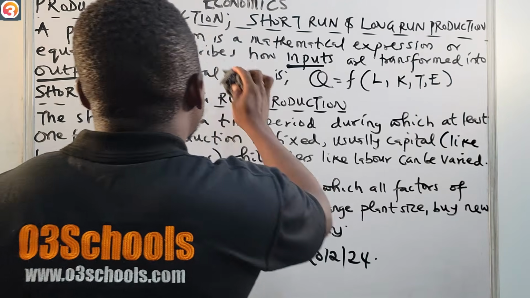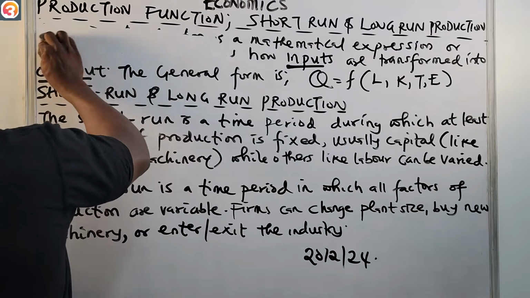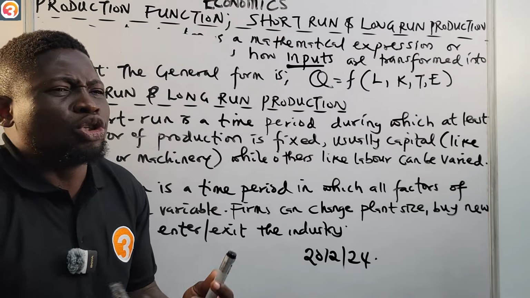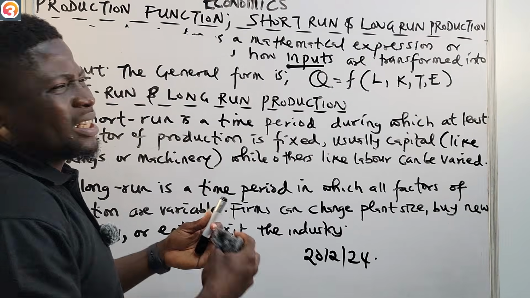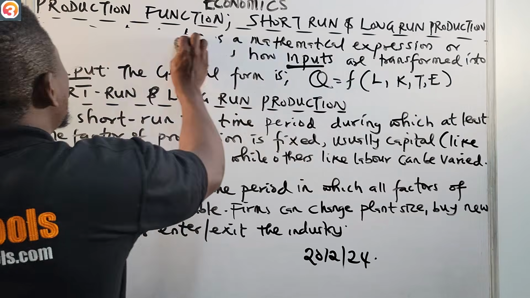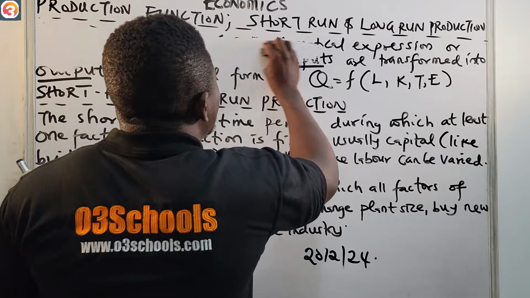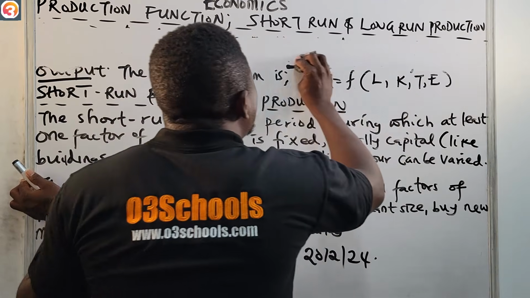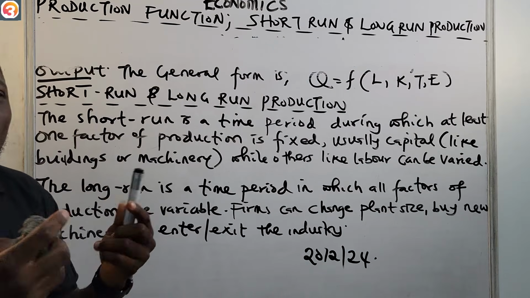You could also say that a production function shows the relationship between inputs and an output. It shows the relationship between input and output in a production process.